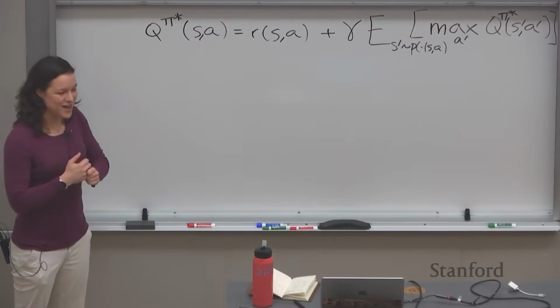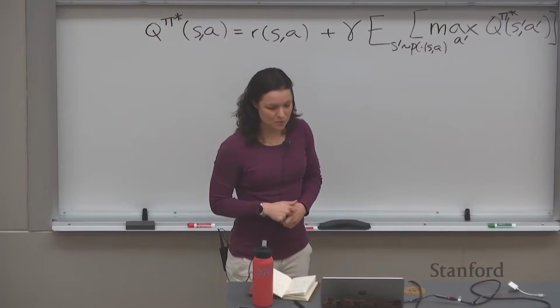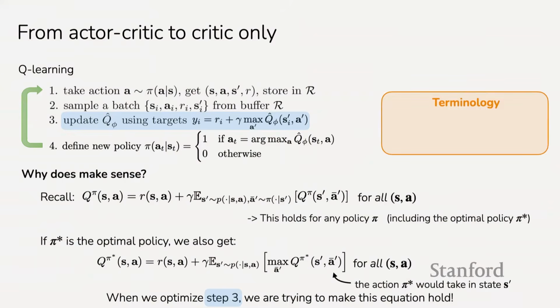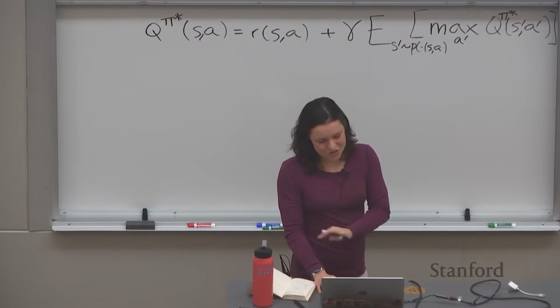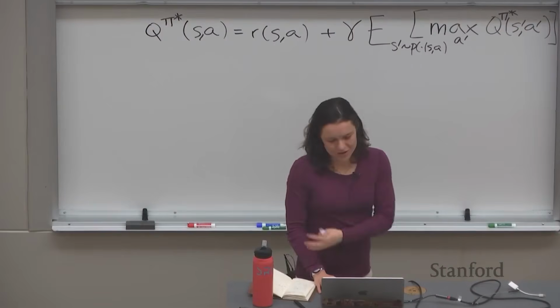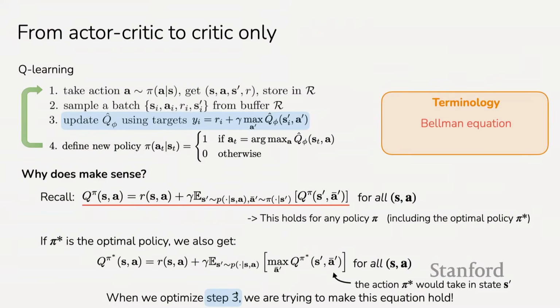Yeah, great question. So the question is, if we have really good estimates of Q, will this converge? We'll talk about this in 1 minute. So let's first just talk about some terminology really quick. Reinforcement learning has a ton of terminology. It's useful to know some of it so that if someone's talking to you about reinforcement learning or you're reading a paper, you know what they're talking about. This first equation is often referred to as the Bellman equation. It's a very useful object, and it's what we were using to do policy evaluation for a policy.